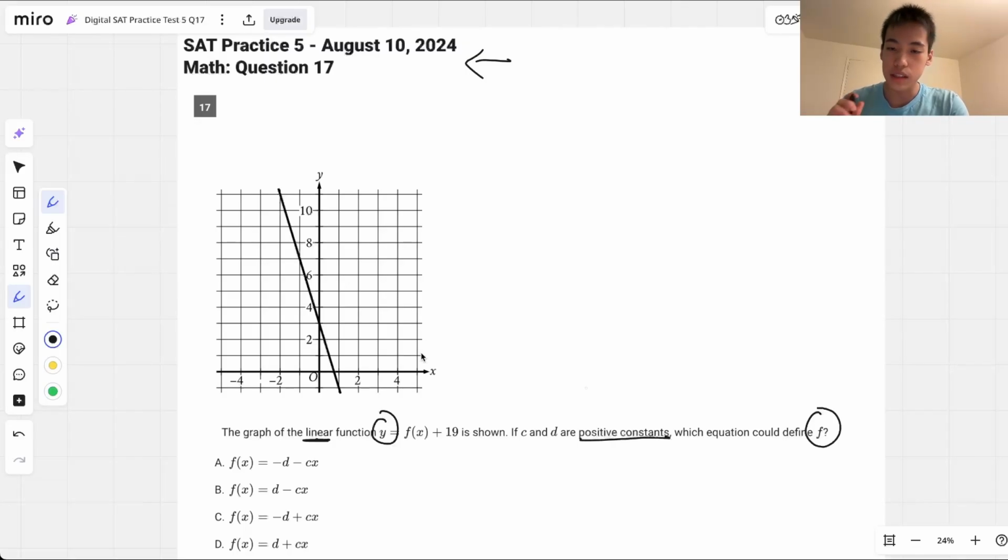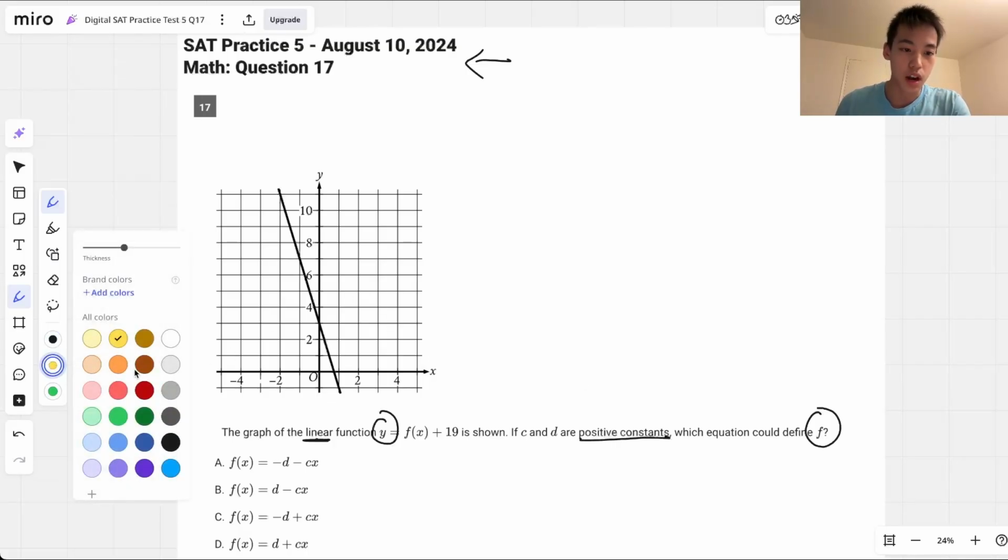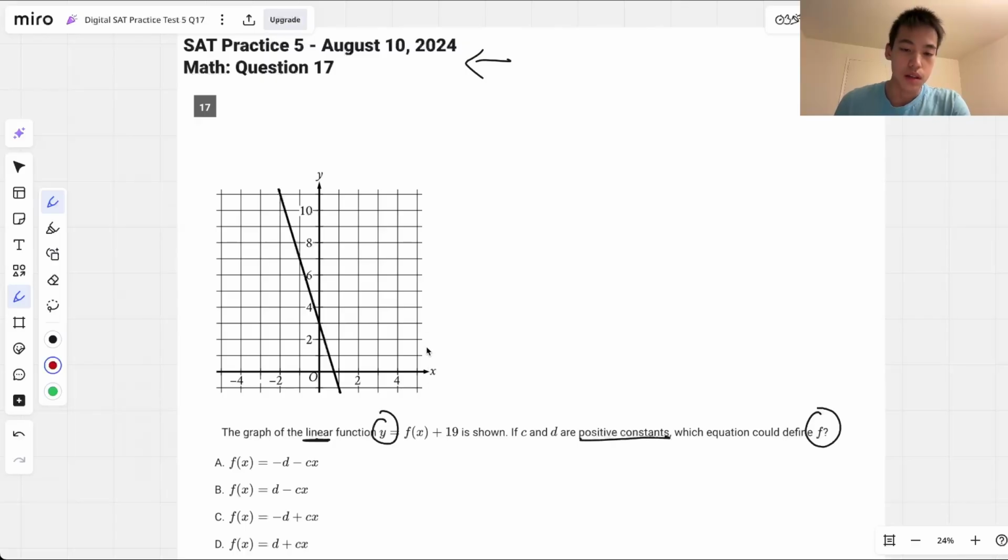And we have to be a little bit careful here, because y and f of x are not the same thing, because y is defined as the function f of x shifted up by 19, or mathematically speaking, it's just f of x plus 19. So they're just not the same thing. So I'm going to write that down.